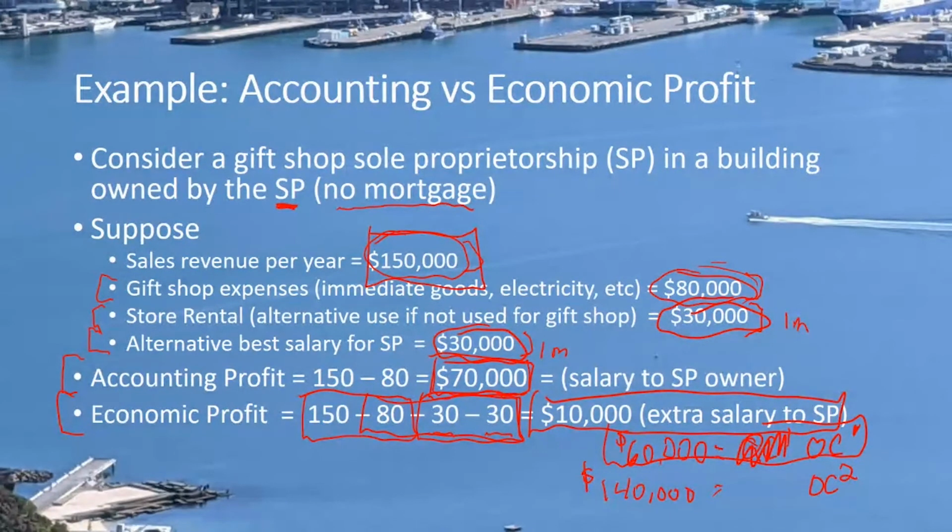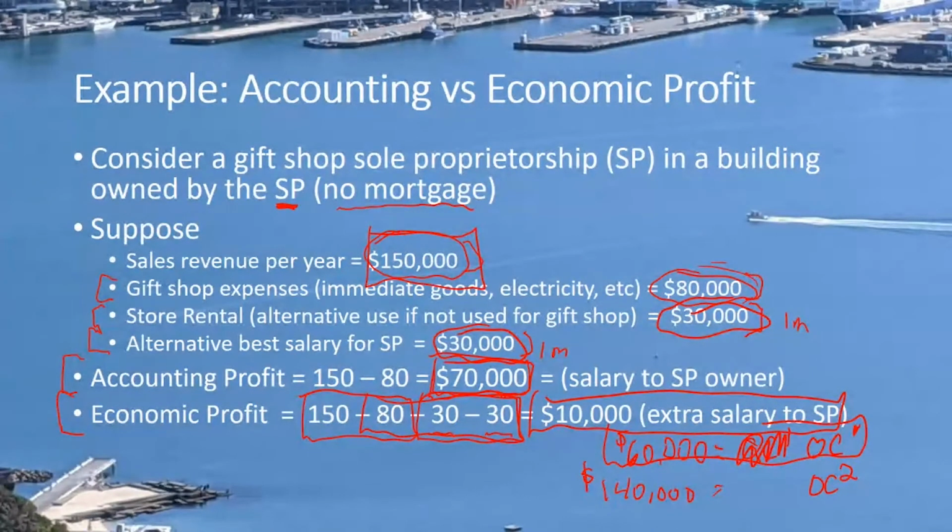So you add all that together to get the opportunity cost 2 definition. You don't add in the 80,000 if you use just what is the next best opportunity, what am I giving up basically to do what I'm doing. Again, like I said, either definition is fine. It's just a different way of defining your next best opportunity, if you will. And they're both going to get us to the same answer, which is economic profit is $10,000.